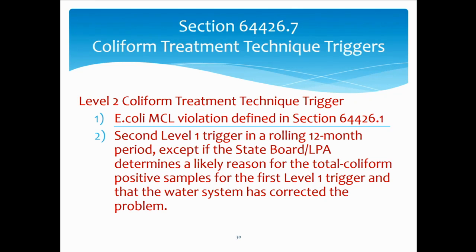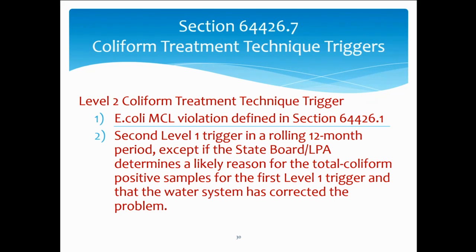So level 2 treatment triggers: if you have an E. coli MCL violation, that's a level 2 trigger. And if you have a second level 1 trigger exceedance within a 12-month period, that kicks you into a level 2 assessment.